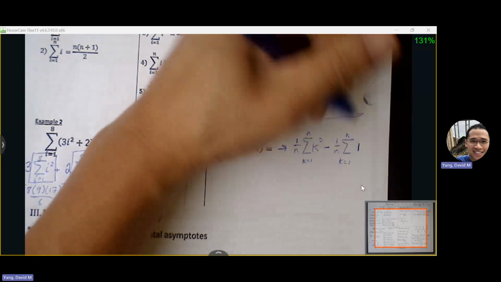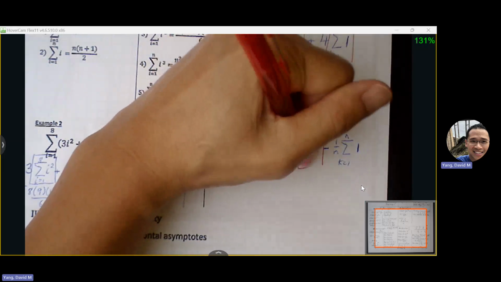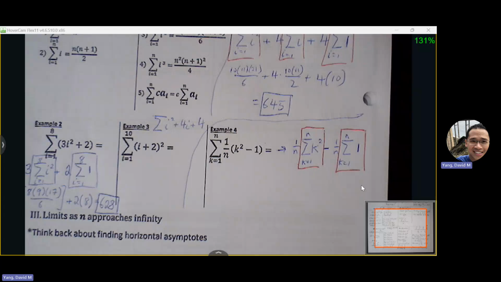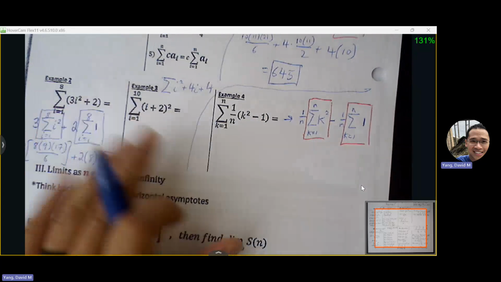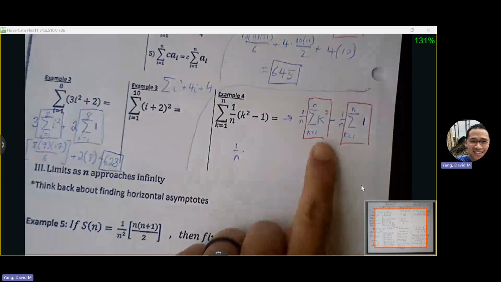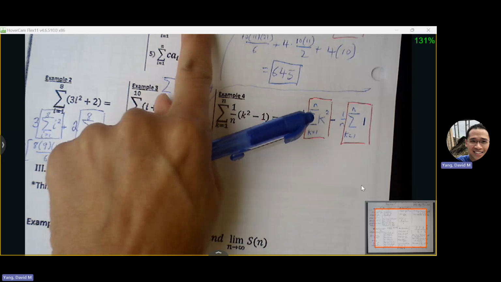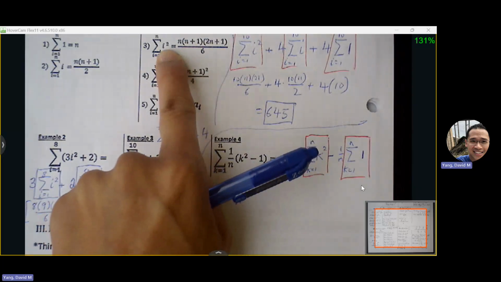Now notice my upper bound is in terms of n, so the best I can do is to represent my sum in terms of n. So I'm not going to be able to get a numeric value at the end. Everything should be in terms of n. So I know summation k squared is just going to be n times n plus 1 times 2n plus 1 all over 6. Right? Instead of summation i squared, the same thing as summation k squared.